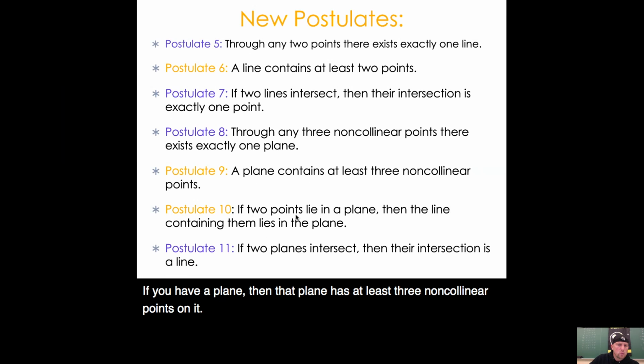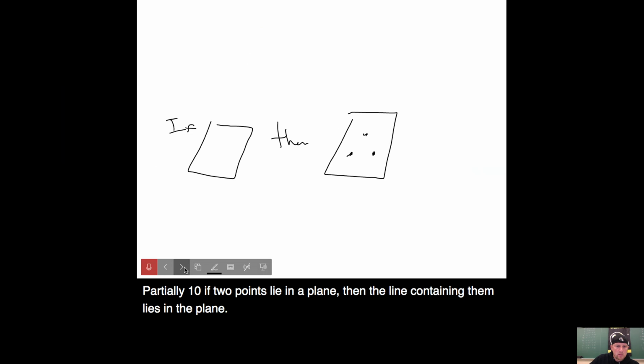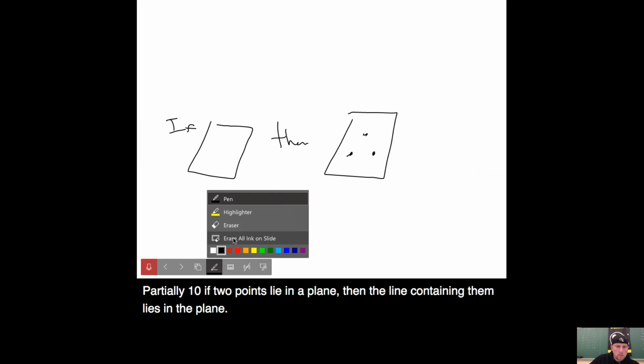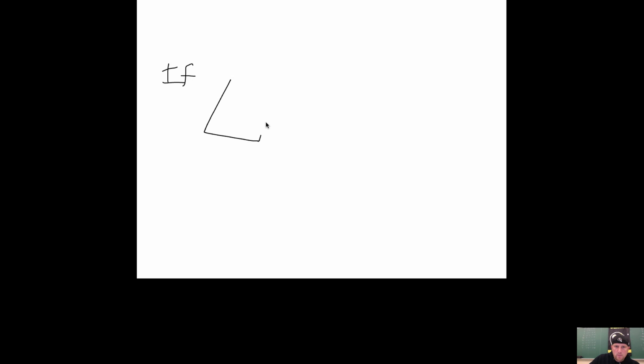Postulate 10, if 2 points lie in a plane, then the line containing them lies in the plane. So let's just pick 2 points from this plane. We know there's infinitely many points on a plane.